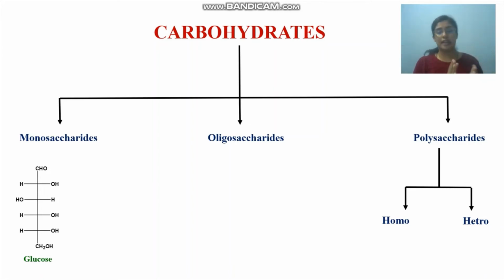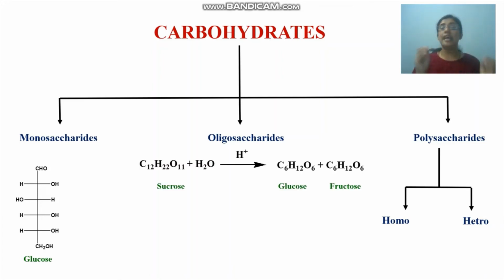Now, coming to oligosaccharides, they are those carbohydrates that on hydrolysis give rise to 2 to 9 monosaccharides. A lower number of monosaccharides will be produced. Like in the case of sucrose.